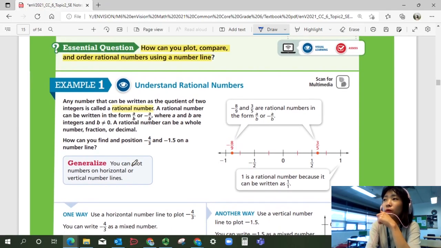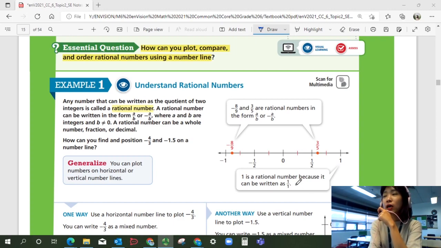So for example, before we look at negative 4 over 3 and negative 1.5, let's look at the example here. Negative 8 over 9 and 3 over 5 are rational numbers. And 1 is a rational number because it can be written as 1 over 1.